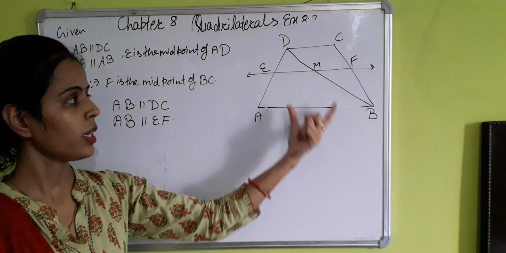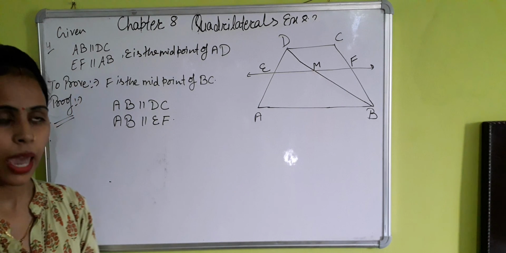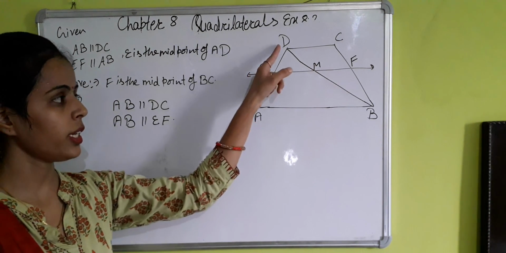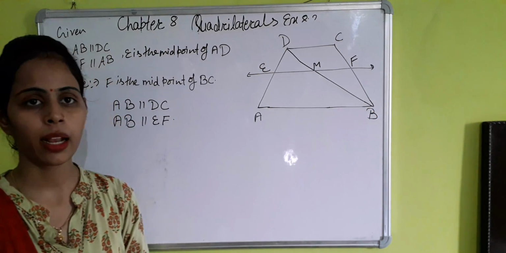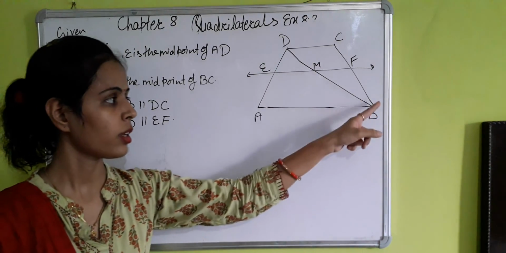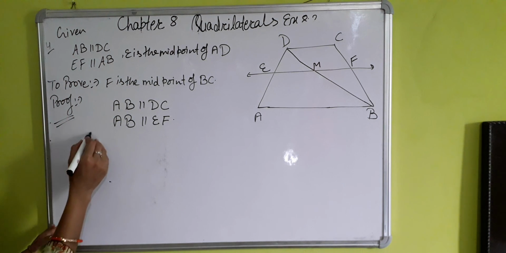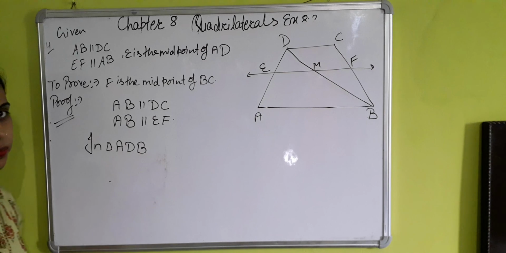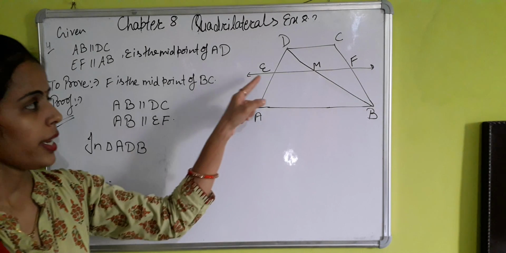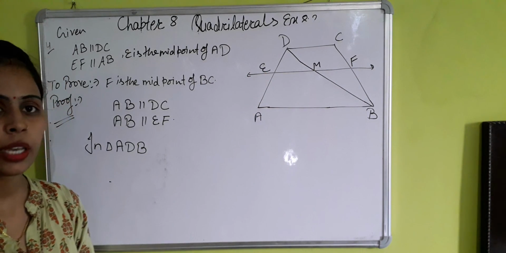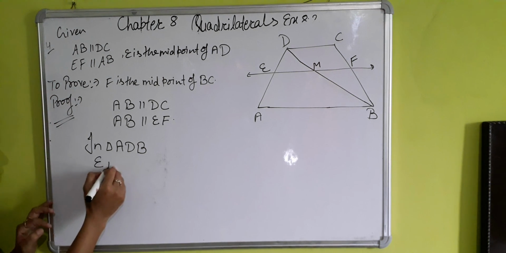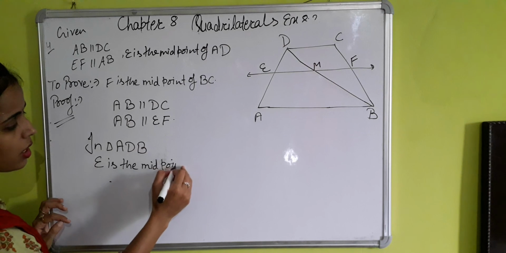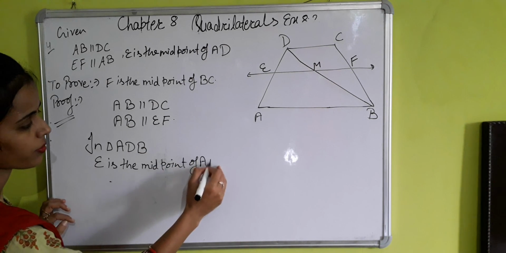Now take this triangle ADB. In triangle ADB, E is the midpoint of AD.